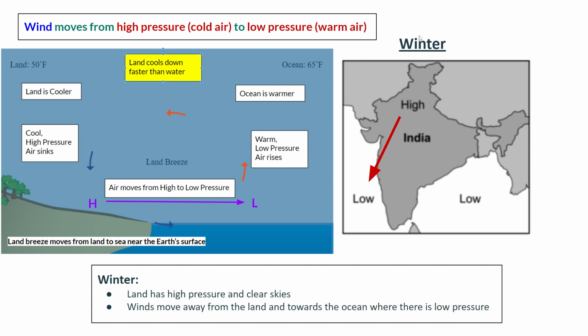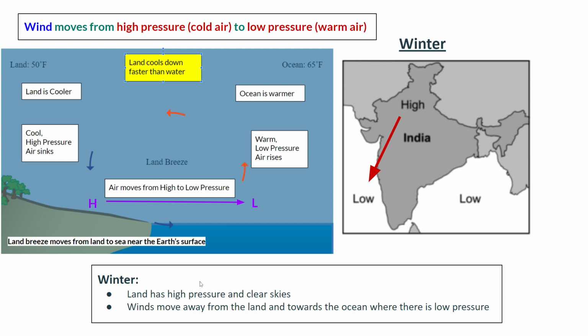In the wintertime, when it's much cooler, the land will actually cool down much faster, so it has high pressure, and the water, or the Indian Ocean here, will cool down much slower, so it has low pressure. It's still warmer, right? Remember, air will move from high to low pressure. So since all the air is moving from the land, India, to the Indian Ocean, it's pretty dry around this time. Not much water is there. All the wind's moving away from the land, right?